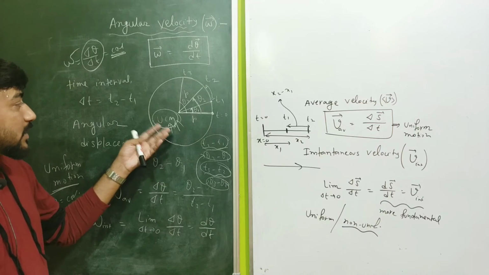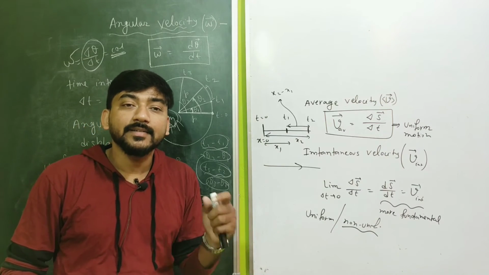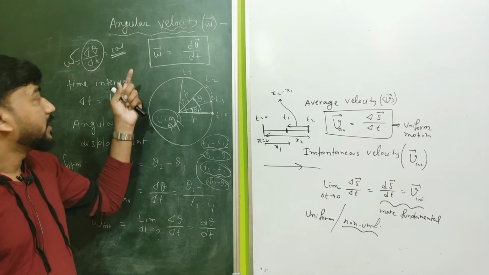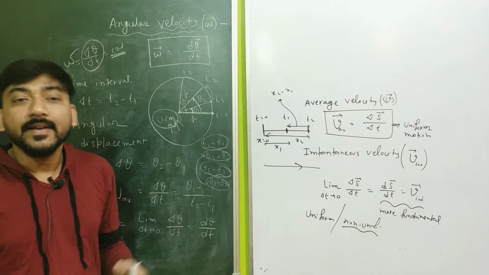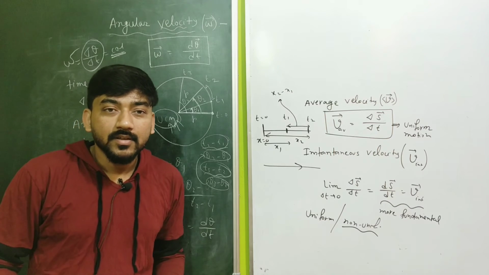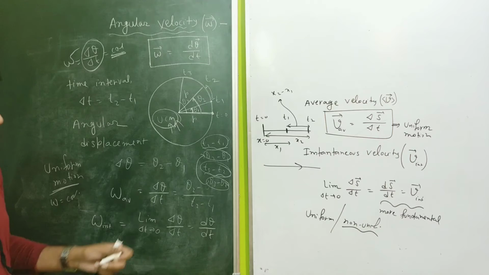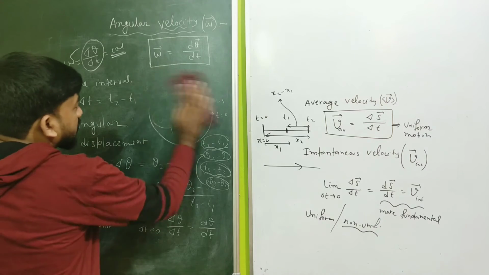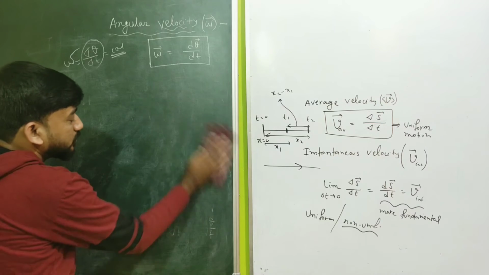The convention is that the direction of these quantities, like angular velocity and angular displacement, which are axial vectors, will be along the axis. So let me define again the direction of angular velocity as well as angular displacement. You always have to use the right hand rule.